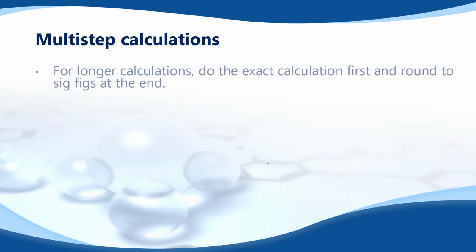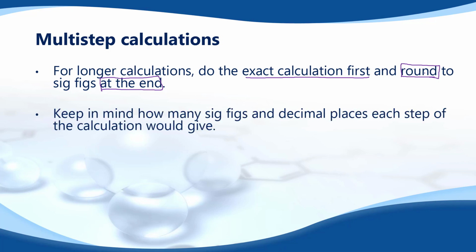What you have to do here is follow your sig fig rule as you go through. One thing I would like you to do, though, is do the exact calculation in your calculator and only round to sig figs at the end of the problem. So what we have to do is keep in mind what operation and what rules for sig figs.